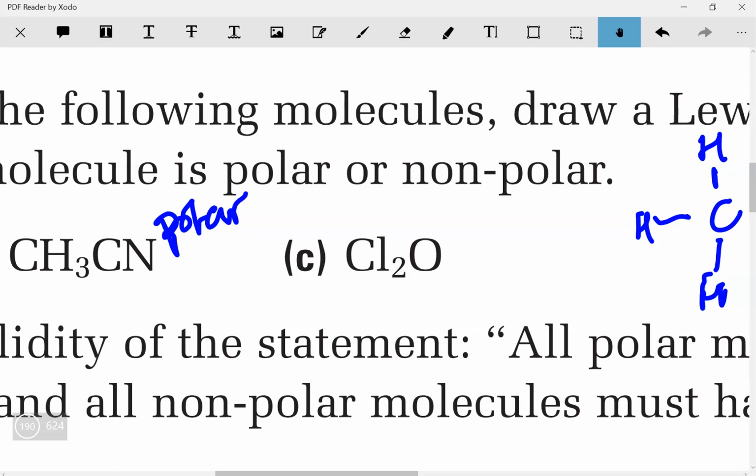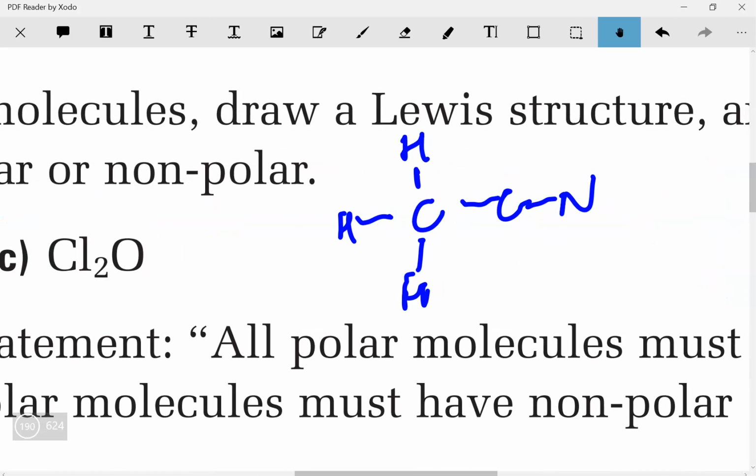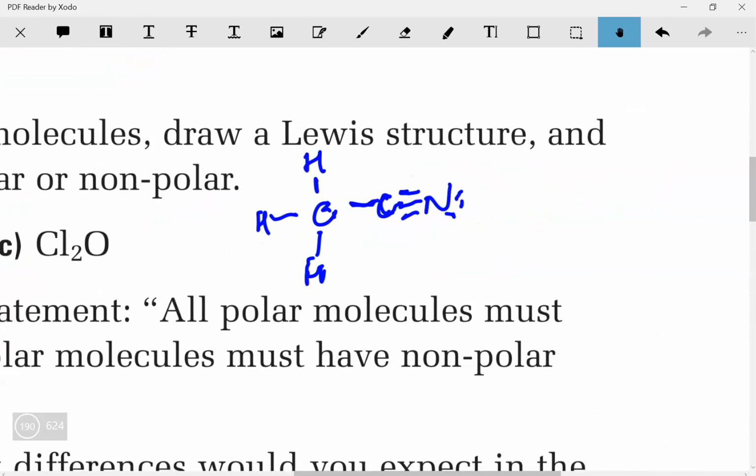I still need more bonds to carbon, so I'm going to put 11, 12, 13, 14, 15, 16, like so, just so that all my carbons have 8 electrons. You can automatically do the triple bond. You don't really have to calculate formal charges or anything. But here you see that you do have a polar carbon, because this carbon is connected to a nitrogen on this side and a carbon on that side. So this is a polar molecule.